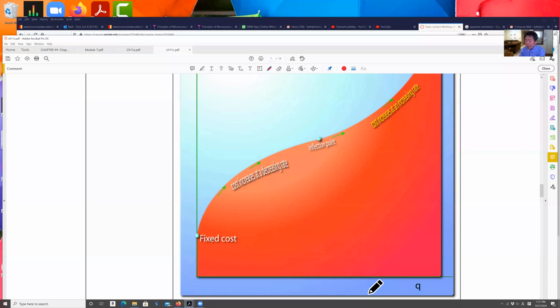We are measuring output, firm output Q on the horizontal axis and total cost on the vertical axis. It begins at this vertical intercept. This is called the fixed cost. Oops, red on red doesn't show. So here is the fixed cost.